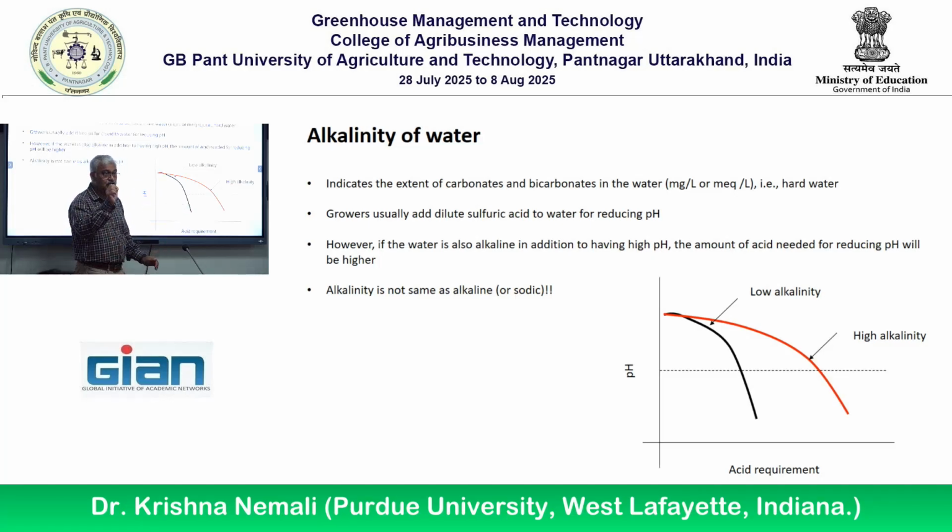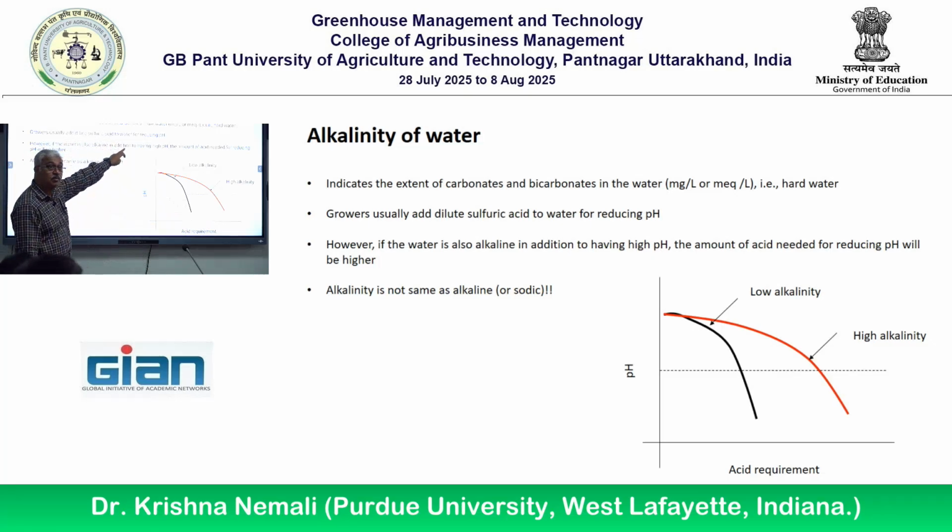They add sulfuric acid. But what is happening here is their acid requirement to bring from this pH to that pH, the acid requirement is this much for the first farmer. But for the second farmer, the acid requirement is even more. Why is this happening? This happens if your water has a lot of bicarbonates. Hard water.